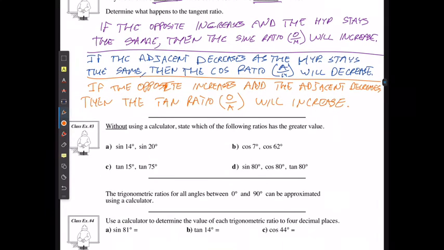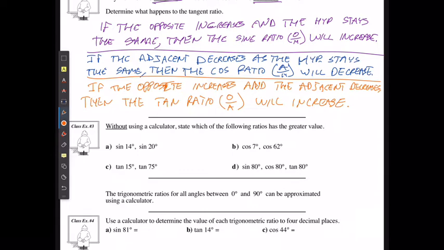So that means that if I have a bigger angle, my tan ratio gets bigger. If I have a bigger angle, my sine ratio gets bigger. If I have a bigger angle, my cos ratio gets smaller.